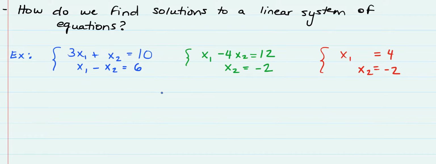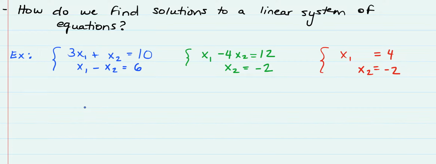Now before we begin, let's recall what it means to solve a linear system. That means we need to figure out what values for x sub 1 and x sub 2 satisfy these 2 linear equations. And what we can get is 3 different options.